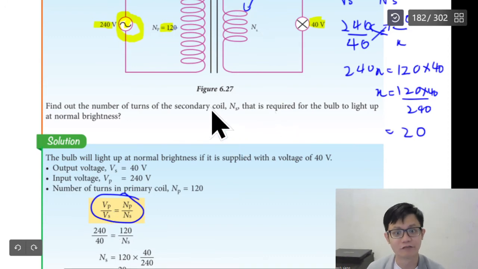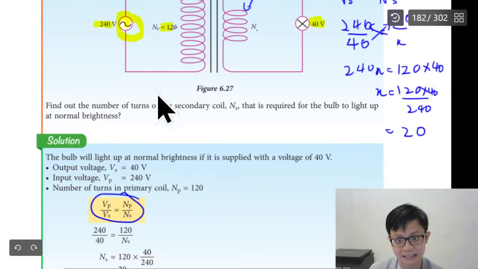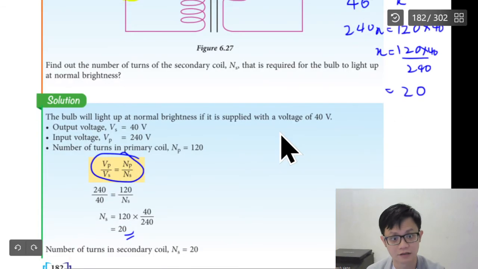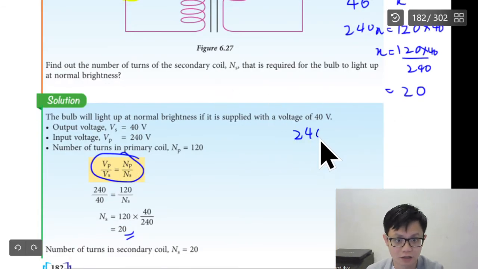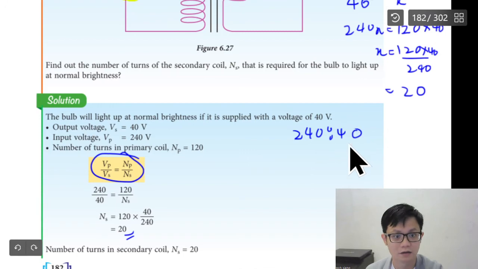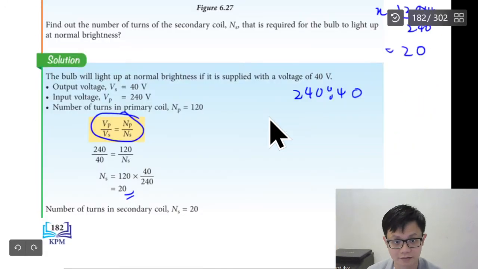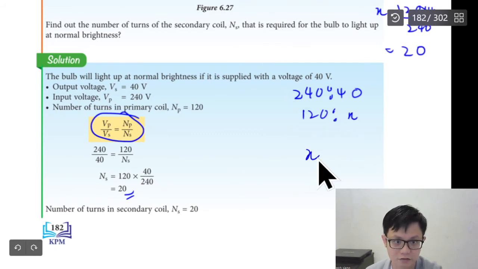It's the same like ratio actually. In the first video we also did ratio, it is actually the same thing. For example, if I want to do the ratio, let's say 240 equals 40, and then 120 equals x. So x equals this one times this one divided by this one. 120 times 40 divided by 240.